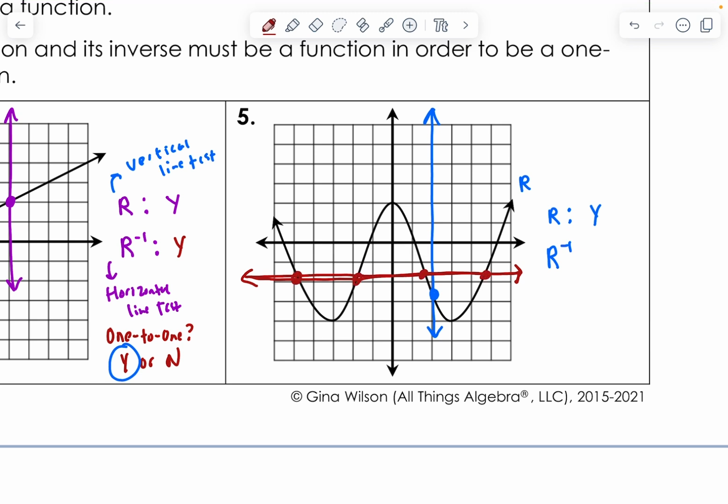So because of that, we'll say that the inverse of this graph is not a function. So as a whole, is this graph 1-to-1? Because the inverse is not a function, we'll say that no, this graph is not 1-to-1.